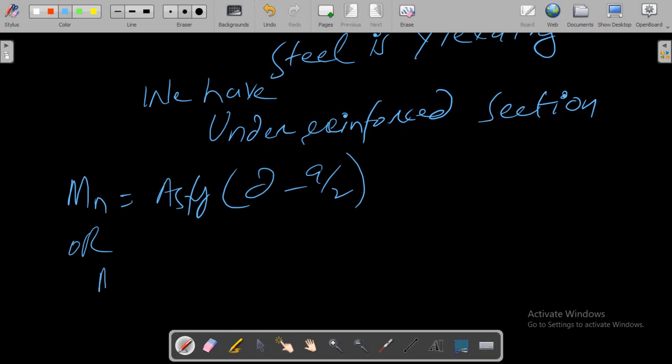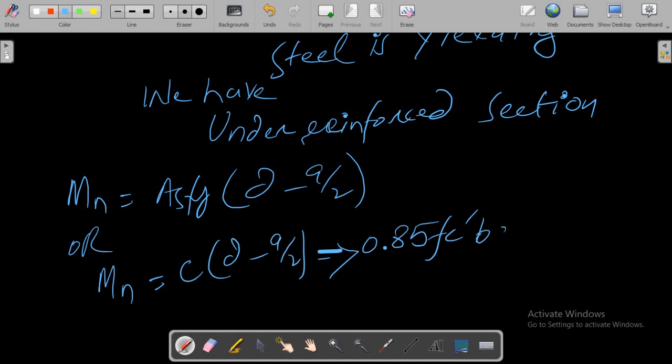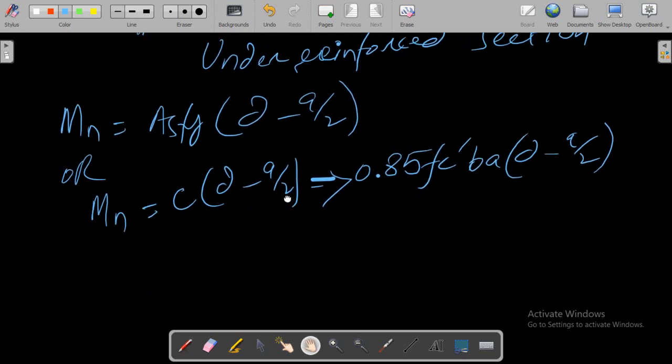It can also be determined by C times the lever arm (d minus a over 2), and we know the value of C, that is 0.85 fc prime b into a into (d minus a over 2). We have already found the value of a. We know the value of b and fc prime, so we can find the value of Mn.